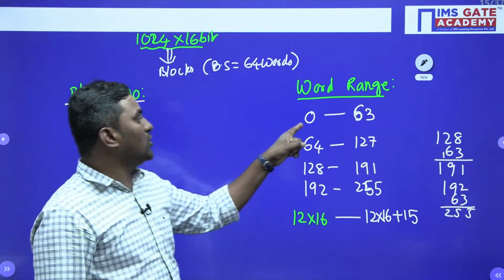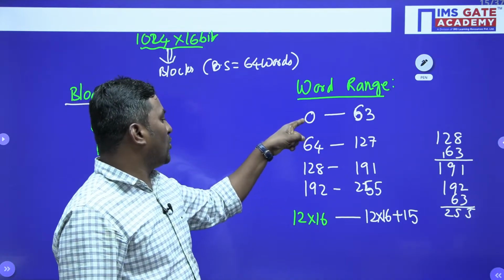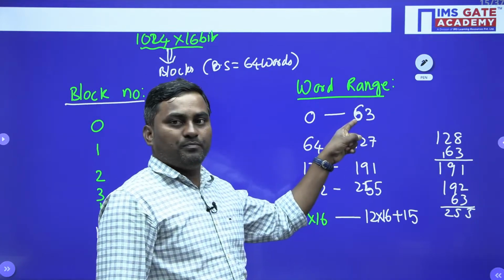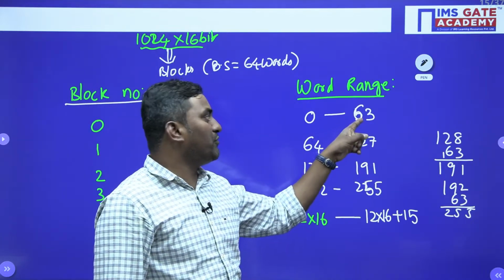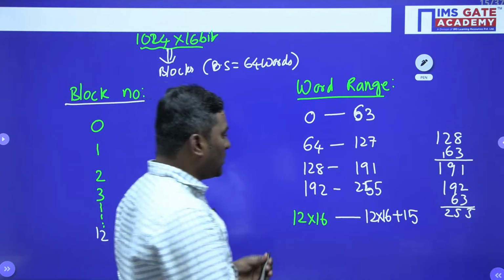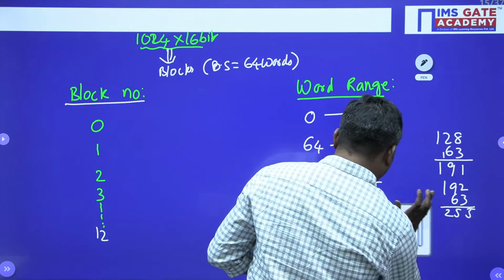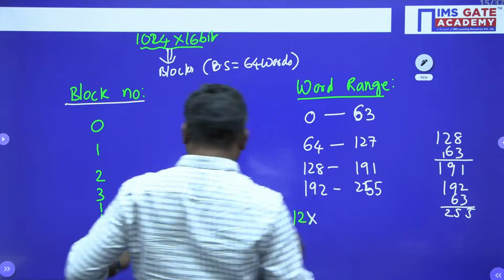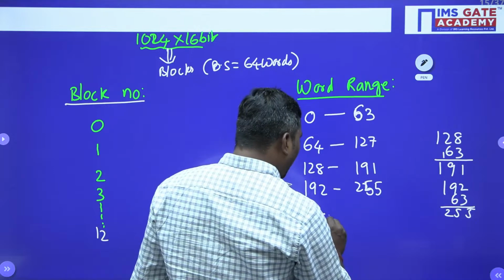Here, block number 0 into 16 gives 0, and 0 plus 15. Sorry, it is not 16, because I have to take the block size. For the 12th block, what is the block size? 64.